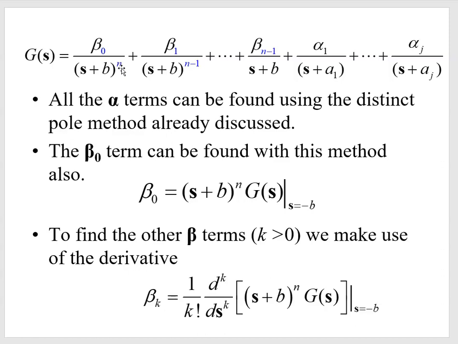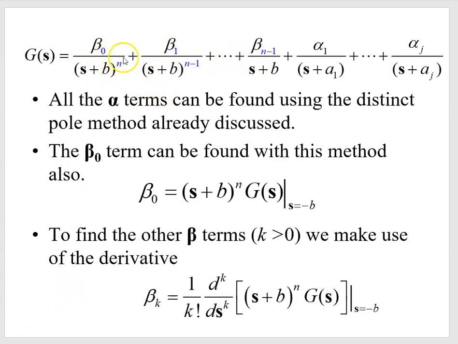If we have n repeated roots, we go from beta 0 over s plus b to the power of n, beta 1 over s plus b to the n minus 1, all the way down to beta n minus 1 over s plus b. So if we have, for example, 7 repeated roots, we'll go from 0 to 6. Our count starts at 0.